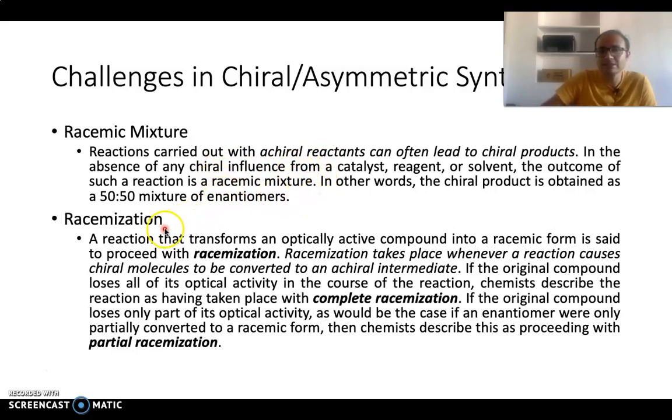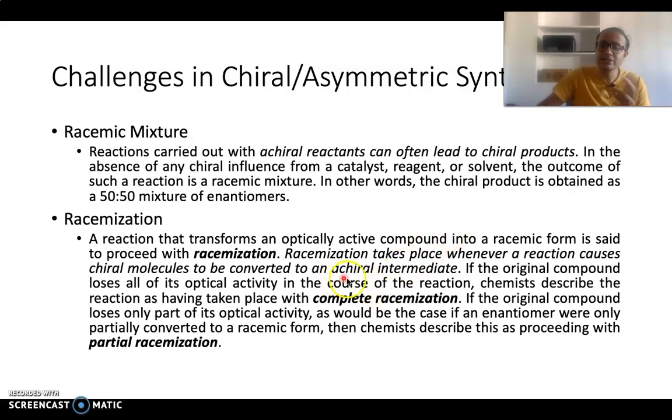Now what is racemization? Racemization is when you start a reaction with an optically active compound, and the reaction leads to the formation of both enantiomers. Suppose you start with one optically active compound, do the reaction, and in the product you see both kinds of enantiomers; then we say that the reaction has undergone racemization.